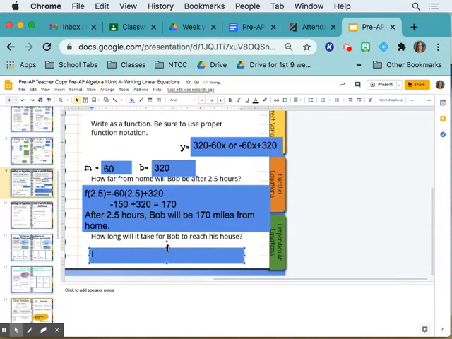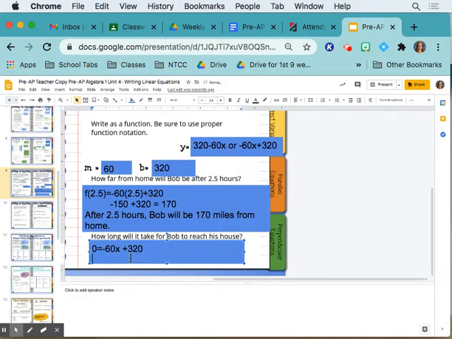What was our estimate? Around 5 and some. Okay, so instead of this function notation, f of how many hours, we don't know what it is, but we know it's going to equal 0. So 0 equals negative 60x plus 320.